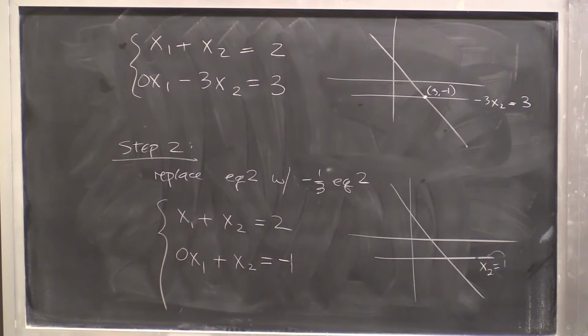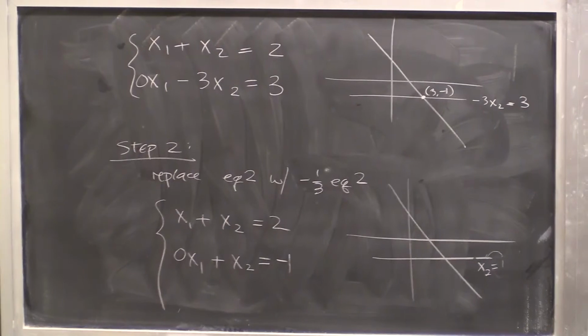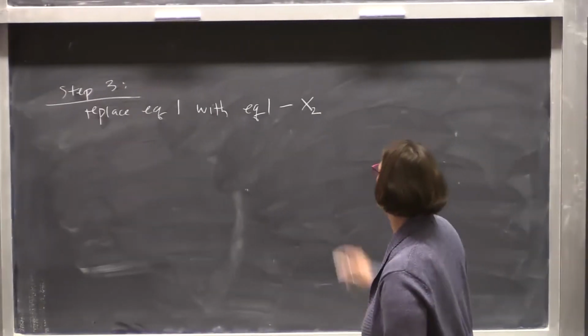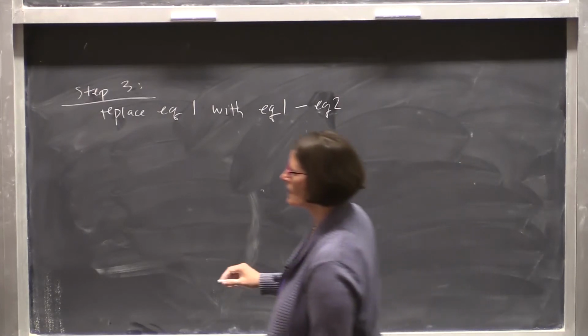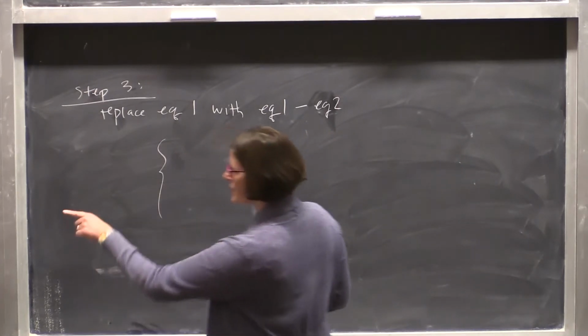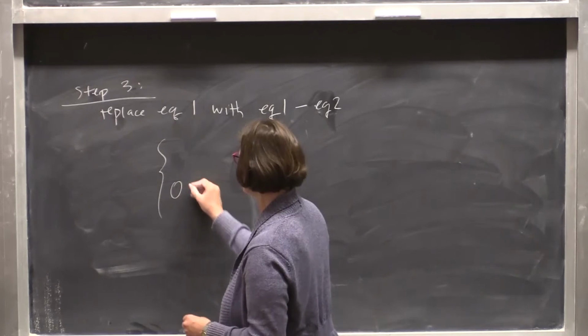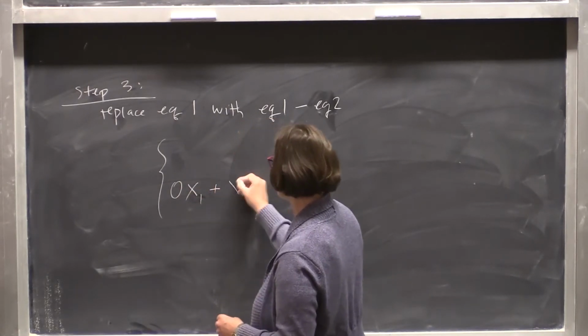Step 3. Replace equation 1 with equation 1 minus equation 2. Oops. So I'm going to be replacing equation 1, so I'm going to go ahead and copy down equation 2 while it's still in my memory.